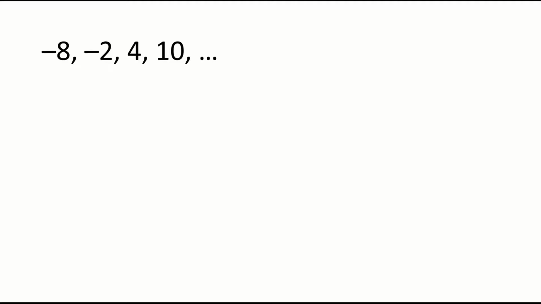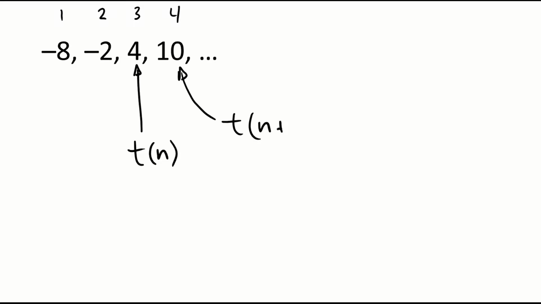So we understand that these terms have values, their locations and values. This is the first term, this is the second term, this is the third term, and this is the fourth term. If I want to talk about a generic term in the sequence, I can say, hey, this is the term t of n. The term that comes immediately after that would be the t of n plus 1 term.